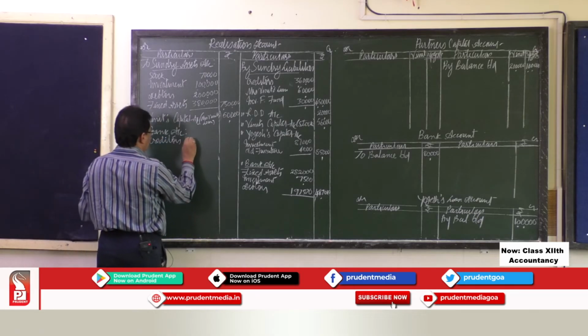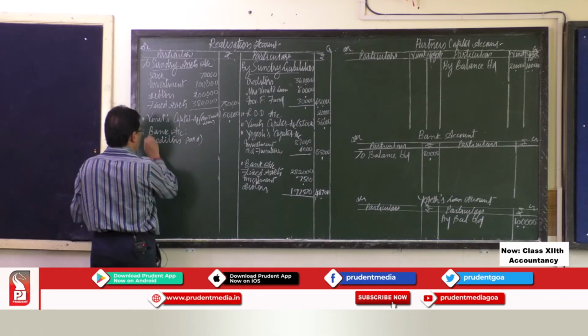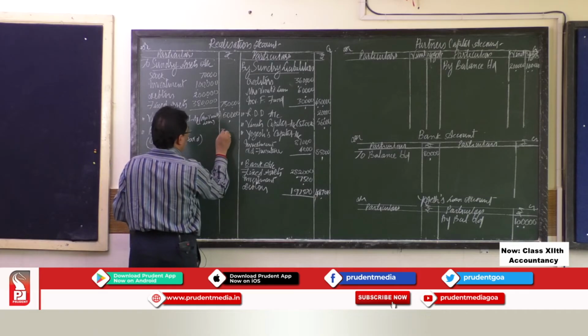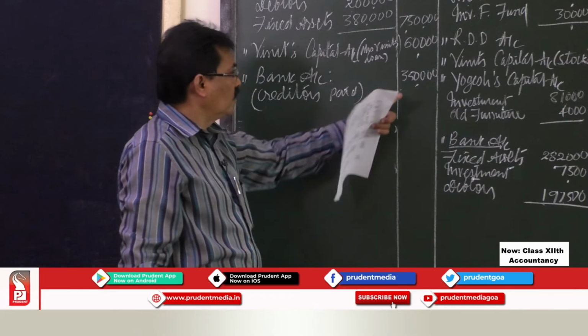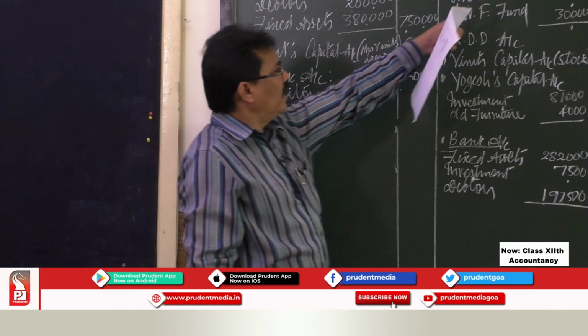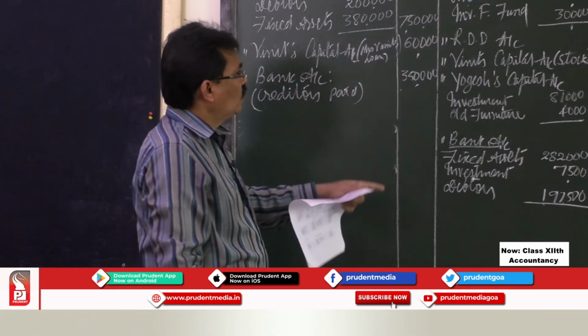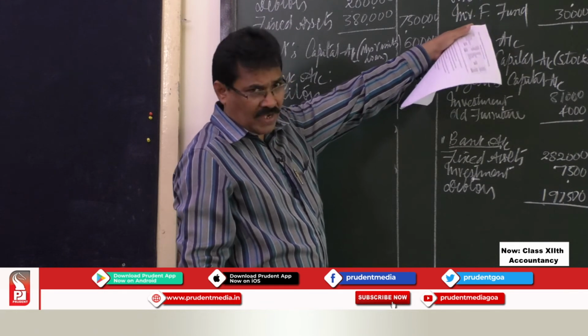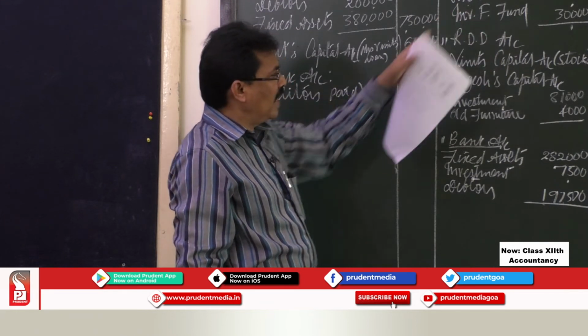So creditors paid is rupees 3,50,000. This is the only thing you have to pay; this does not require any payment.